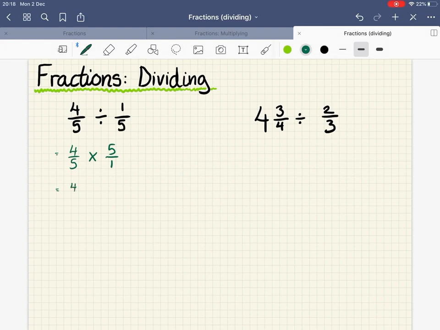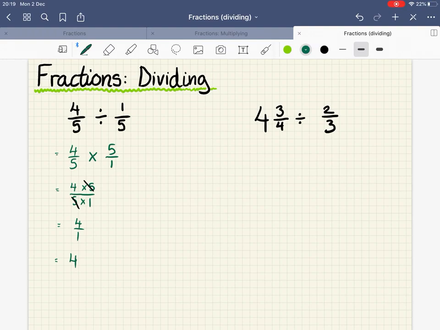So now, multiplying the tops together, and again, one of the little tricks to make the simplification a bit easier, I can already see I've got these pairs of 5s on the top and the bottom. So I could, if I wanted to, just score them out now. So I've now got 4 over 1. But that's just 4 divided by 1, which is 4.